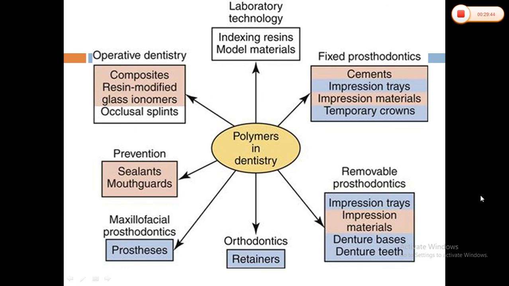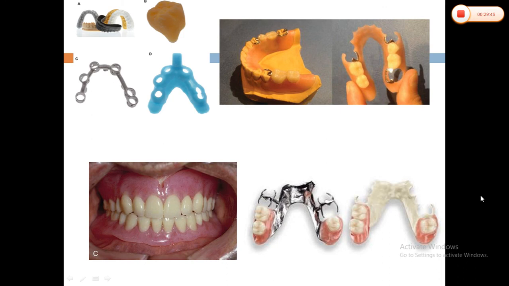See here, the first picture is a special tray fabricated. In the second picture you can see a flexible RPD that is being fabricated. Third one is a CD in the patient's mouth, complete denture in the patient's mouth.